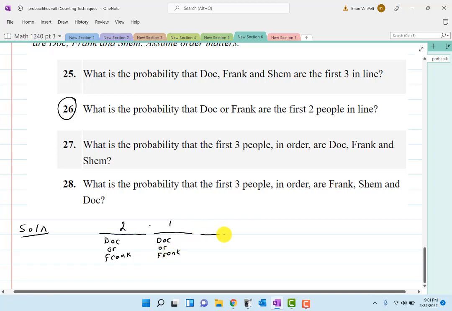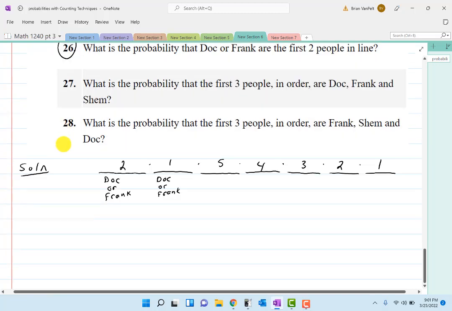But then you have 5 people after him. So these 2 people will be independent of the 5 others that follow. And here, after those 2 guys are set, you got 5 people for the next spot. Then you've got 4 people for the spot after that, then 3, then 2, then 1.